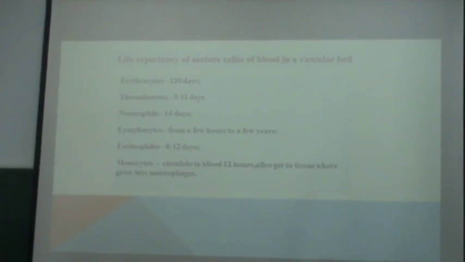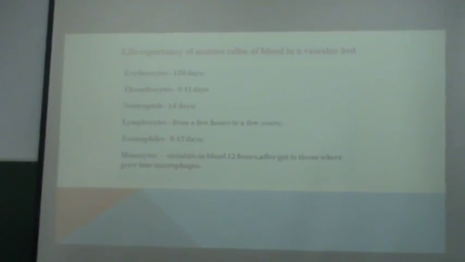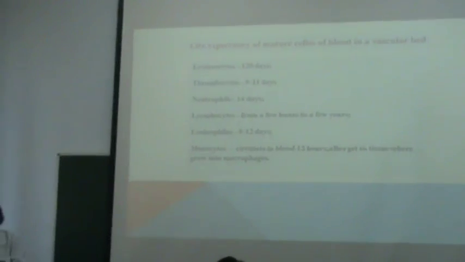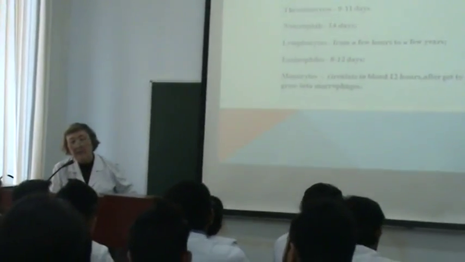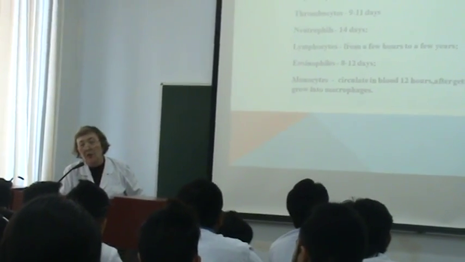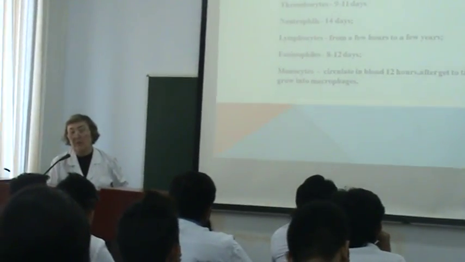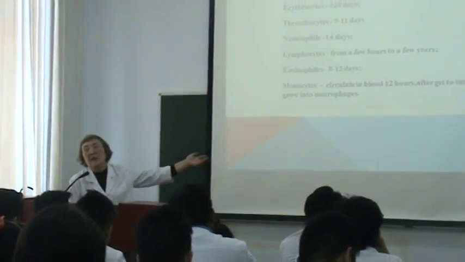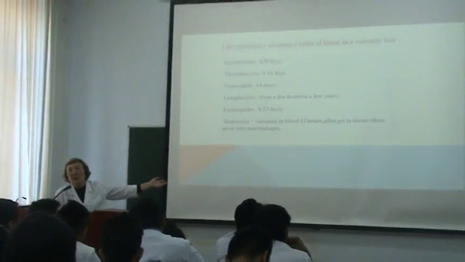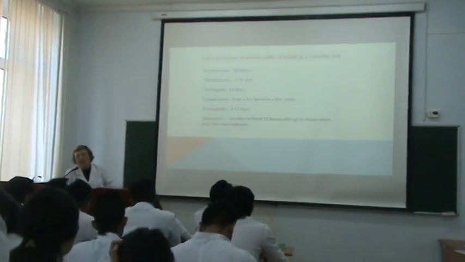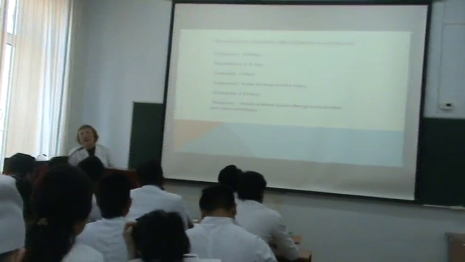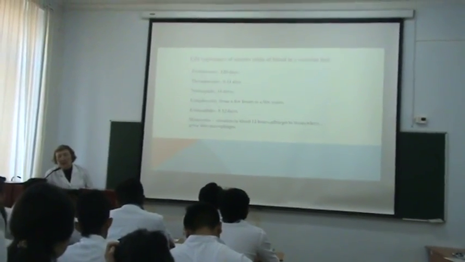And I want to give information about the life expectancy of the major element cells of blood in a vascular bed. Reticulocytes live 120 days. Thrombocytes or platelets 9-11 days.